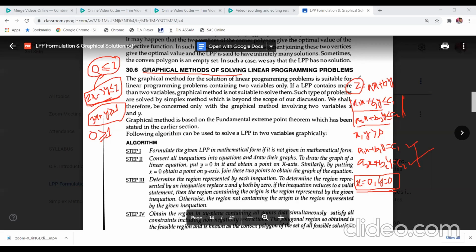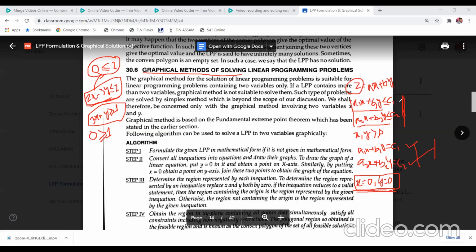Again, I am repeating. After drawing the graph of each equation, you put x equal to 0 and y equal to 0 in each inequation, and this will tell you whether the origin is in the solution region of the given line or not.